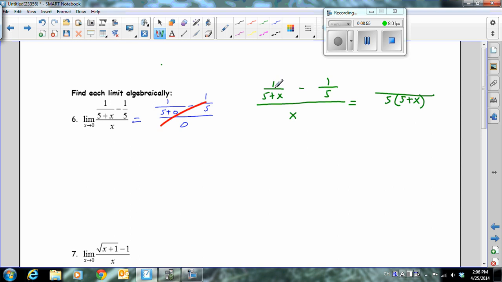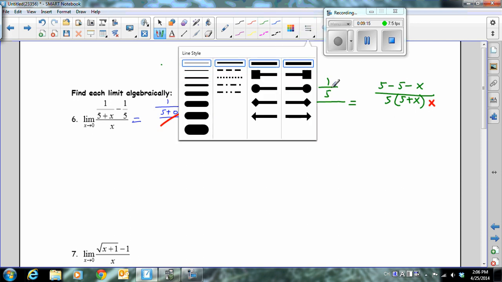On the top, this one we get 5, this one we get -(5 plus x). You're going to end up with -x. Everything is being divided by x, so I can just put the red x here to represent this x over x. So if you simplify, at this point, this is what you will get.